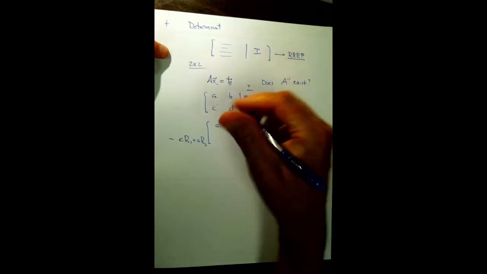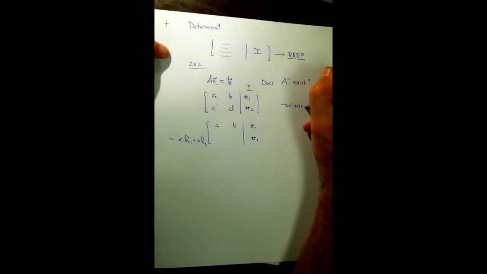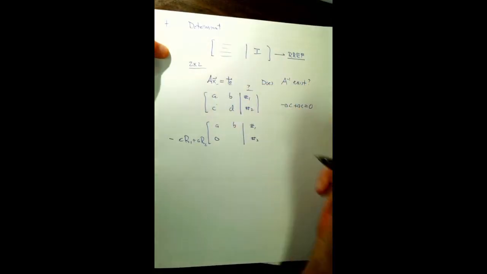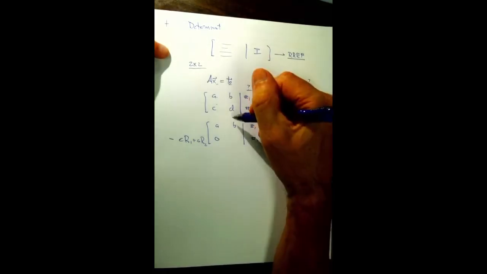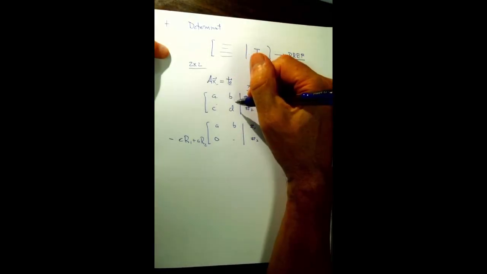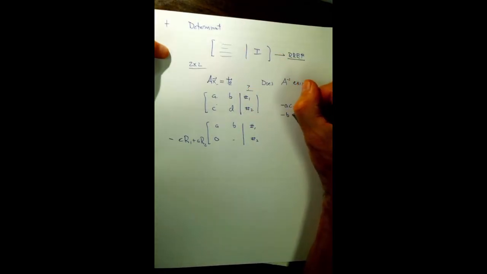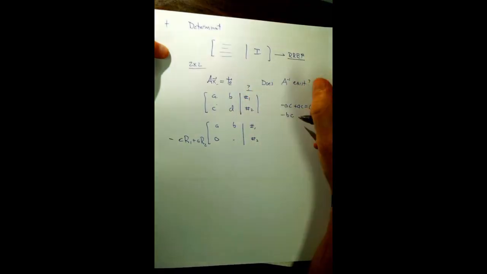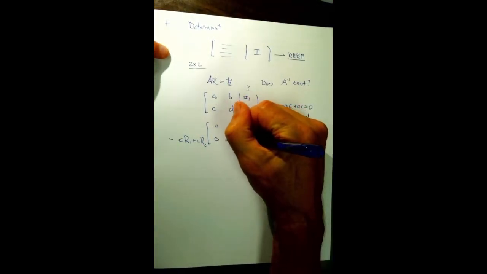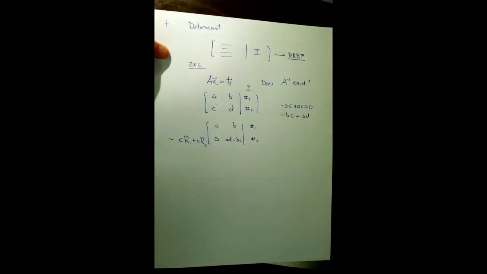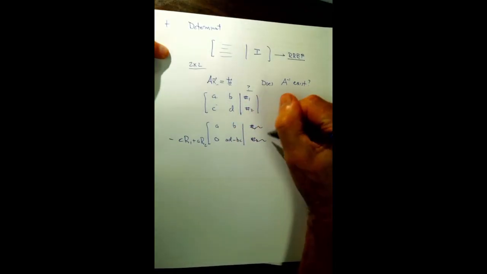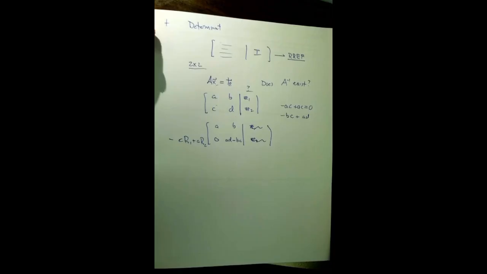Minus AC plus AC is 0, and I would get a 0 there. What will happen here is I get minus BC plus A times D. So let me write that as AD minus BC. And I'm going to get garbage here. I don't care what that is.